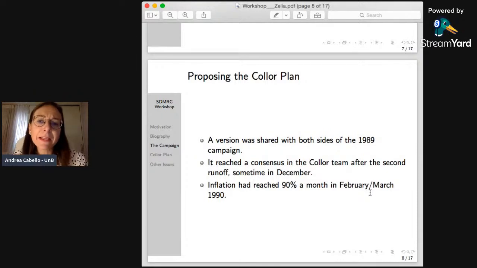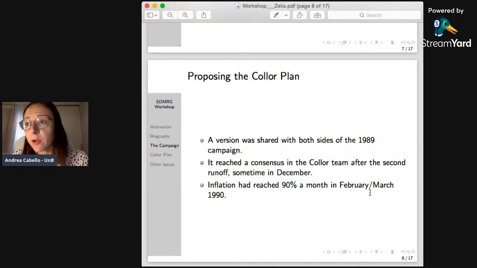But the thing is, the plan was actually circulating on both sides, especially during the second runoff of the campaign. Like I said in the beginning of the presentation, people were so desperate because hyperinflation had been going really high for such a long time that desperate times appeared to call for desperate measures.